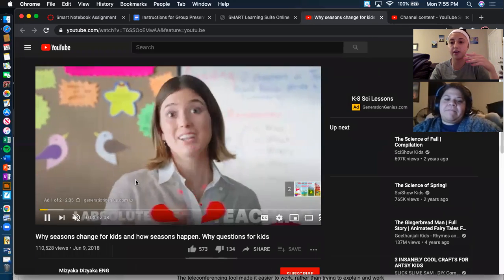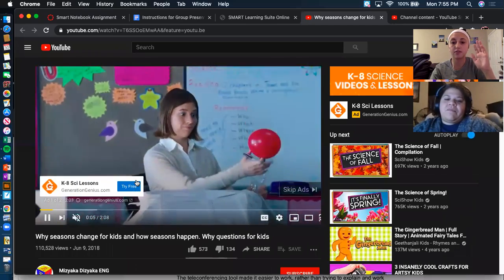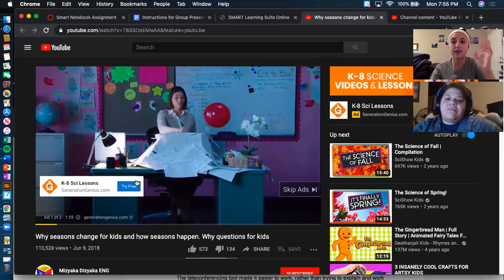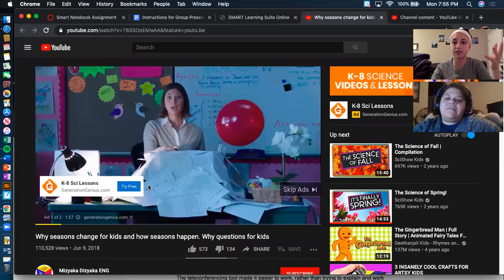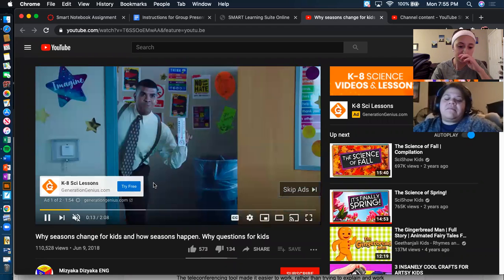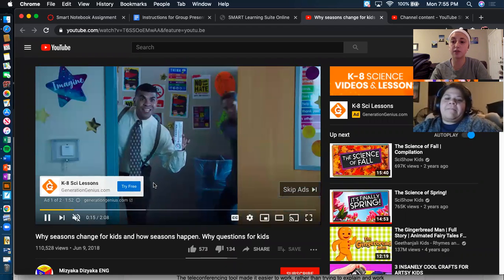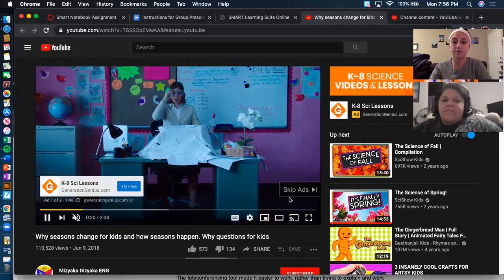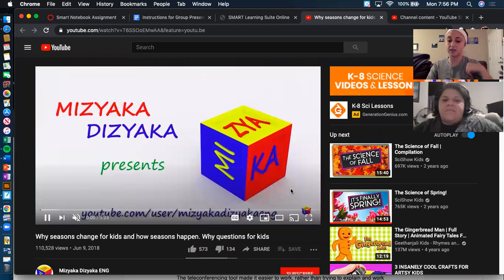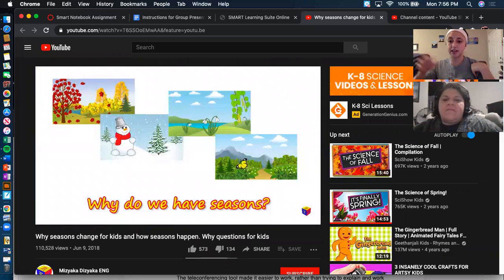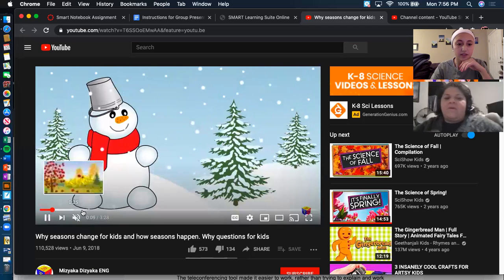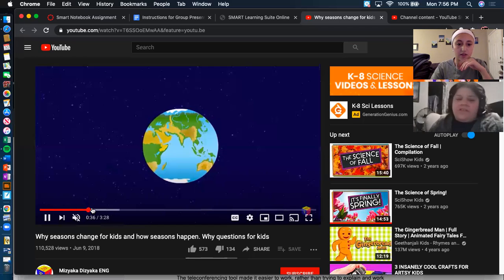It's going to talk about how the Earth orbits around the sun and how this has an impact on the seasons, and how this introduces what we're going to talk about later on in the lesson about the changing, like the longer daylight and the shorter daylight hours. And why the temperatures change also.